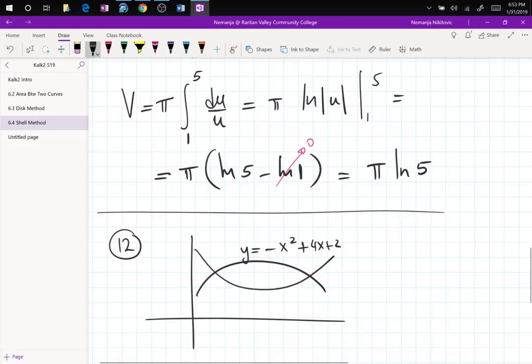And the one on the bottom is y equals x squared minus 6x plus 2. Rotation is on the y-axis.